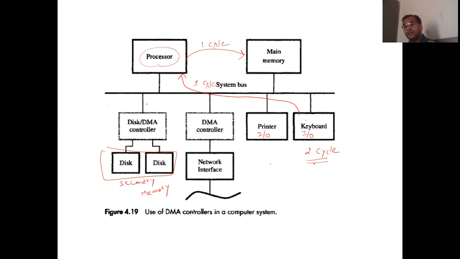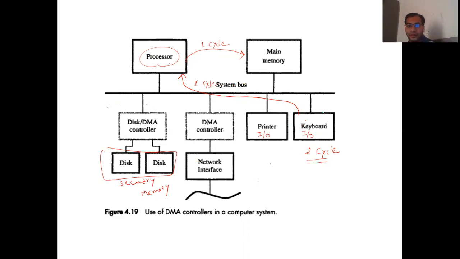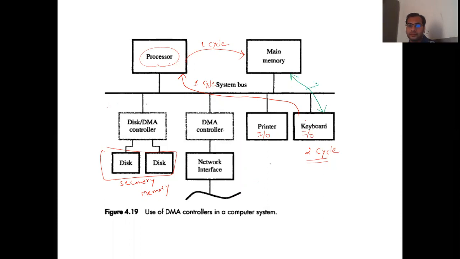Then what is the way I can make this process fast? The simple way is that, instead of having this processor, we communicate directly, with no need of processor interference.